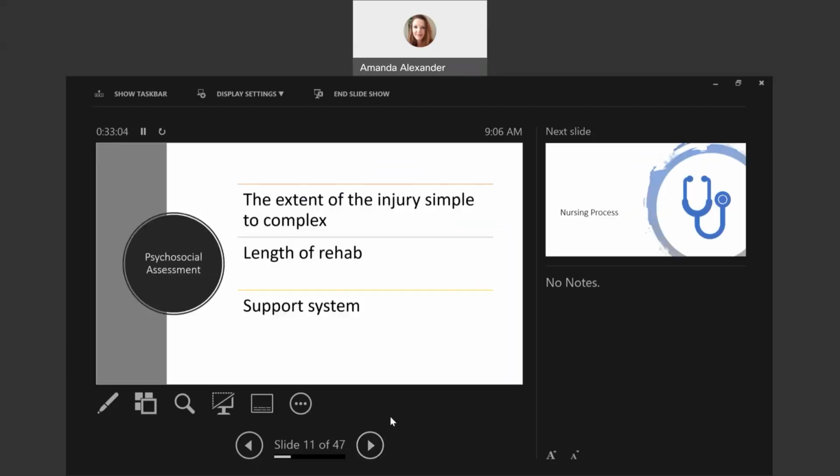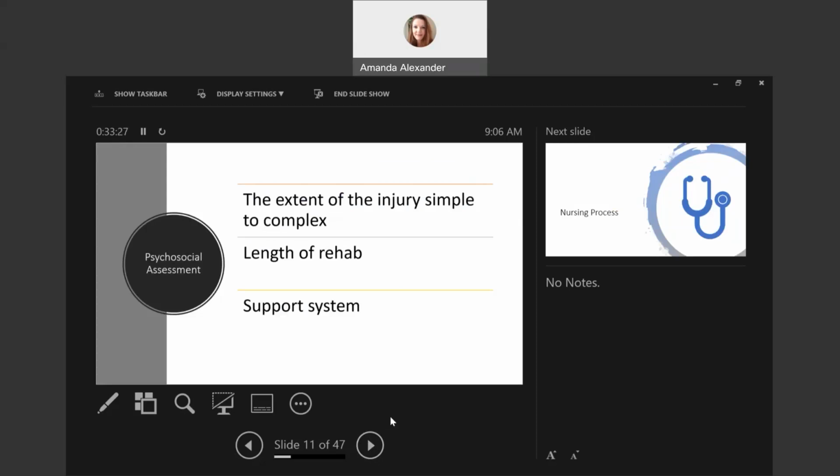All right. Psychosocial assessments: when we're talking about injuries, especially severe injuries, we're really going to do some psychosocial assessment with these patients. Say, for instance, they've had a spinal injury that's affecting the spinal cord. The length of rehab may be considerable.